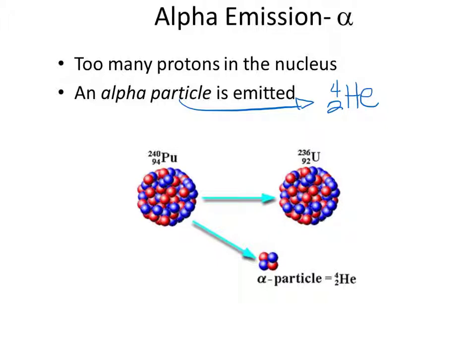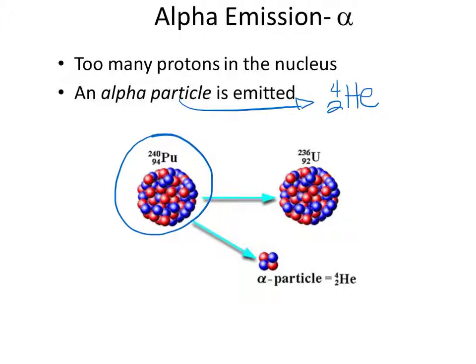So if we look at this, we have plutonium. If you do the N to Z ratio, you'll realize that there are too many protons in the nucleus, and it doesn't fit in the band of stability. So it's going to go through an alpha decay.